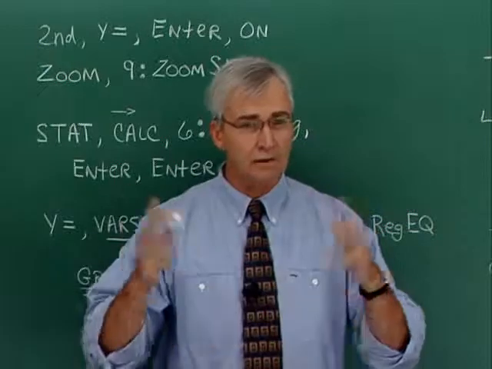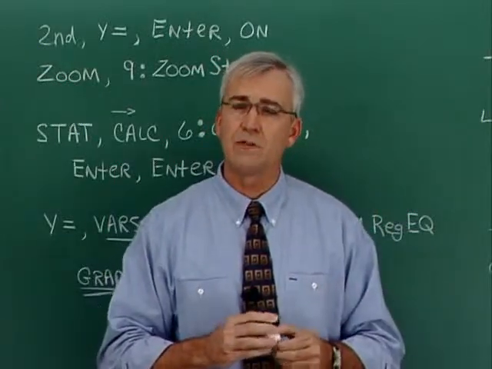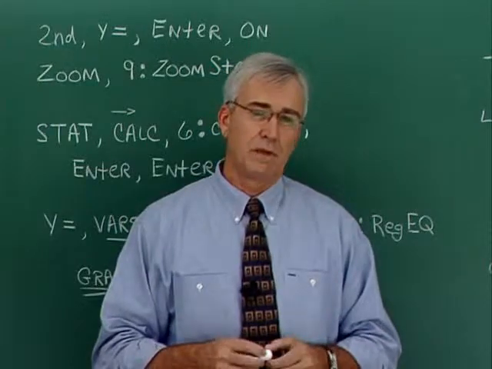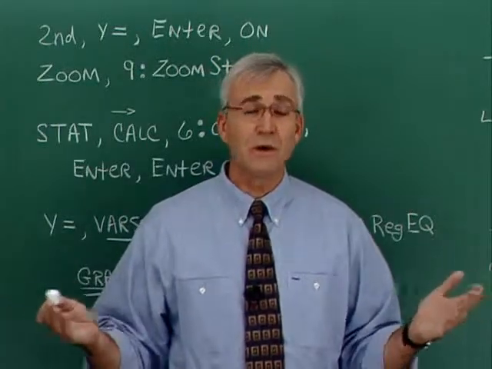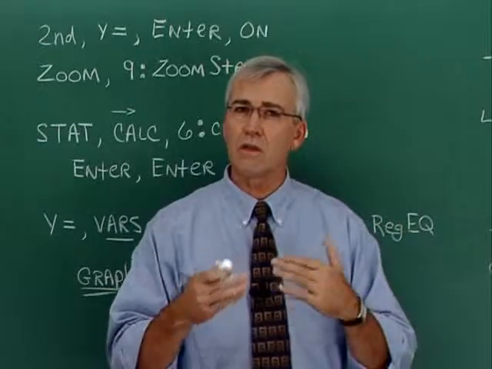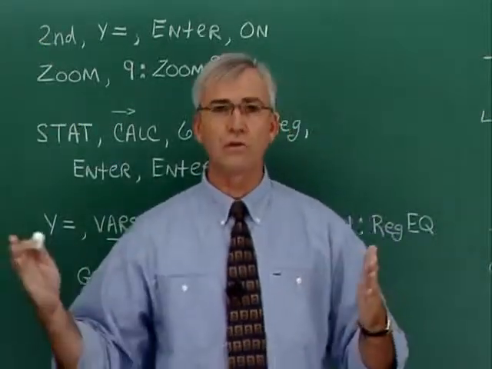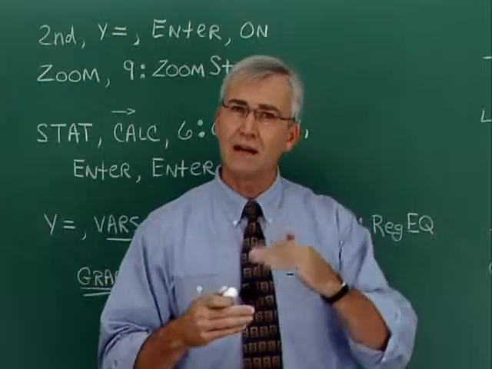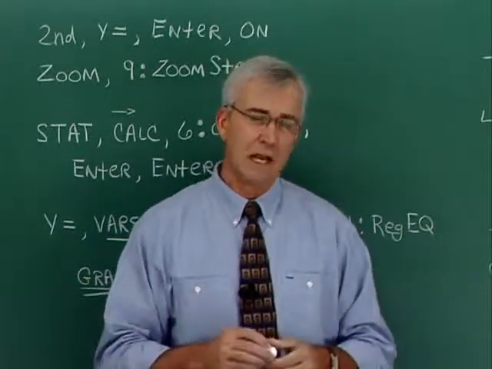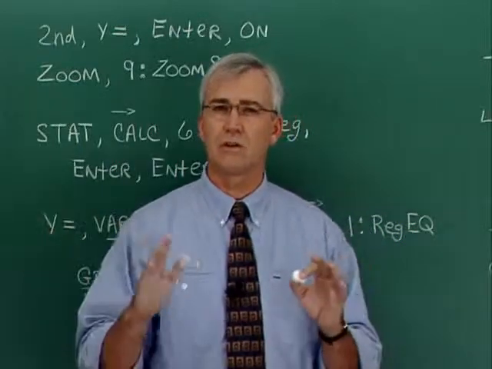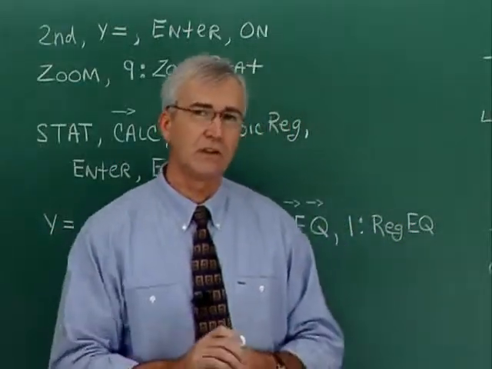Plug it into the model and you'll find out the amount of money spent in that year, or you'll be estimating it. But there's an even easier way to do it. Just use the calculator. We can jump onto the graph and we can use the trace feature, you see. Just trace over to a t of 15 and it'll give you that value. Now you may have to change the window setting a little bit. It may be off screen just a little bit to the right, but it's an easy adjustment.